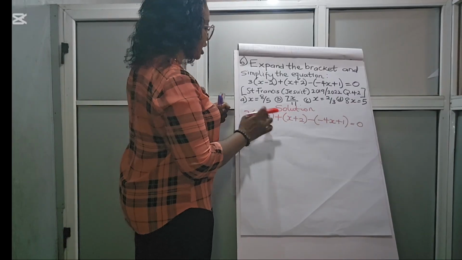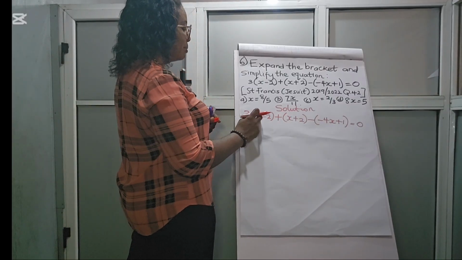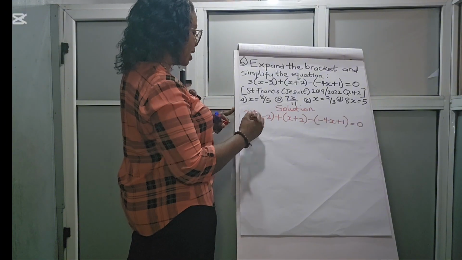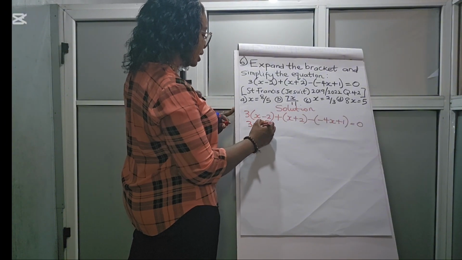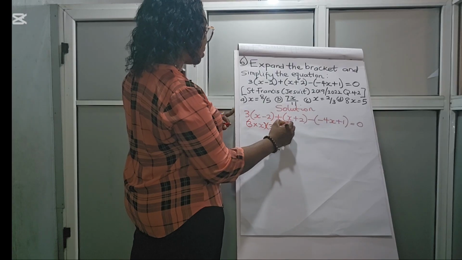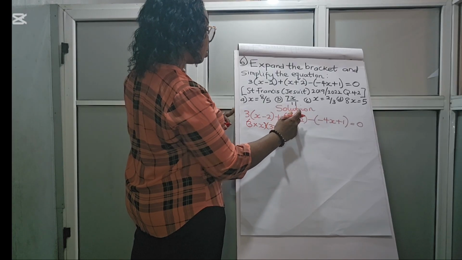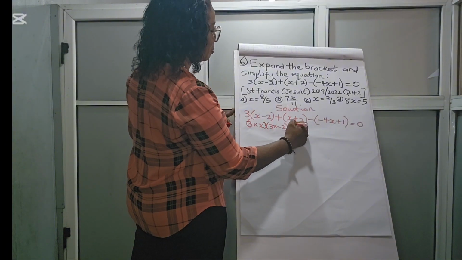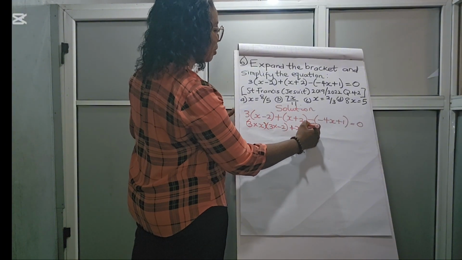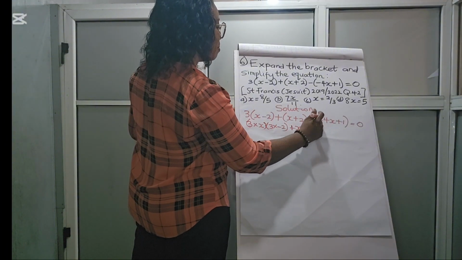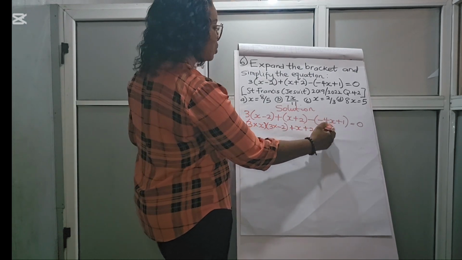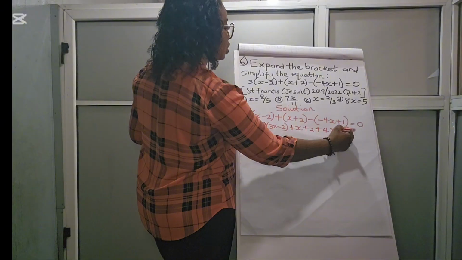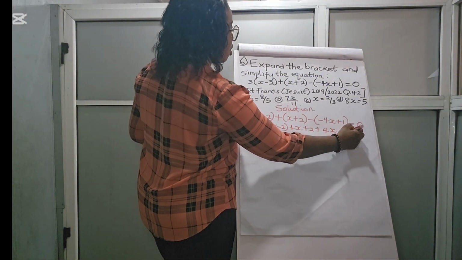So let's multiply this by 3. This will be 3 times x. I'll expand it: 3 times x, 3 times minus 2, plus times x, this will be plus x plus 2, minus times minus 4x will give us plus 4x, minus times plus 1 will give us minus 1, all equal to 0.